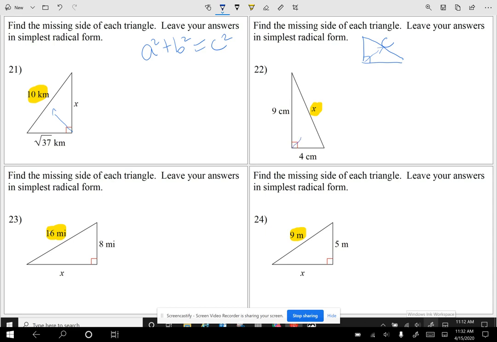Starting from the 90-degree angle, the one side that is farthest away from it. That's my C. Which one's my A and B? It doesn't matter. Do notice, though, that the hypotenuse, the biggest side, the C, could be a number. That's questions number 21, 23, 24. It could be a number, but it could also be the X. In this case, number 22.